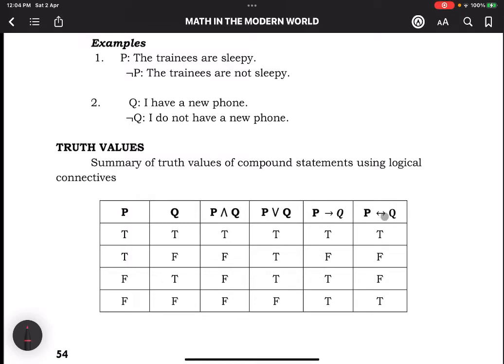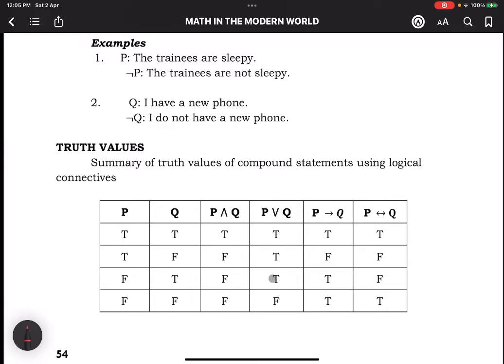Each has its own rules. If P is true and Q is true, the evaluation of P and Q is true, because for the "and" connective, both must be true for the evaluation to be true. The rest of the conditions give a result of false, because they are not both true in these three instances.